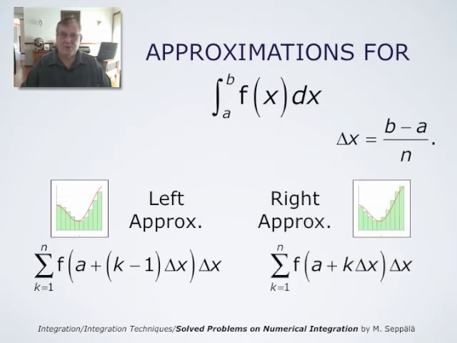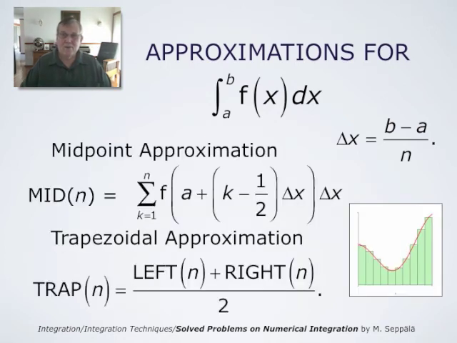The right approximation uses the right endpoints as tag points, so the right approximation, right n, is summation k from 1 to n, f evaluated at a plus k times delta of x times delta of x.